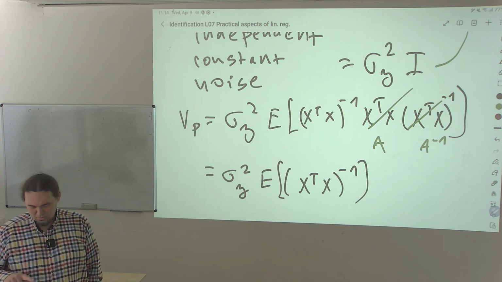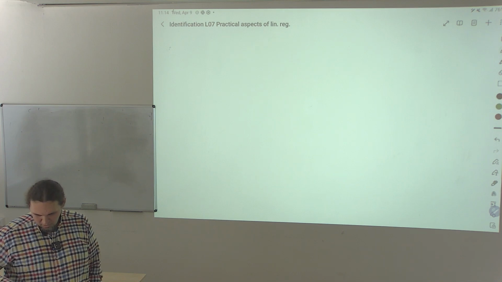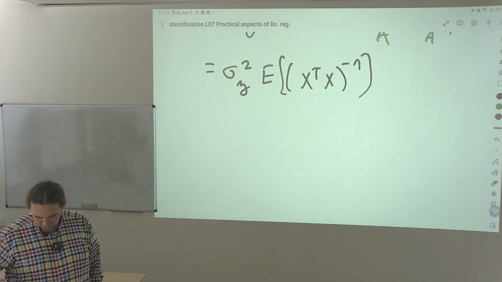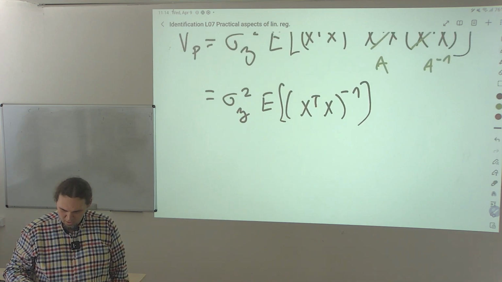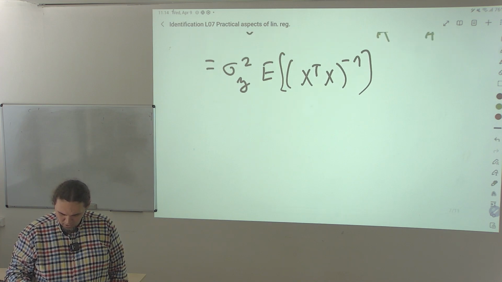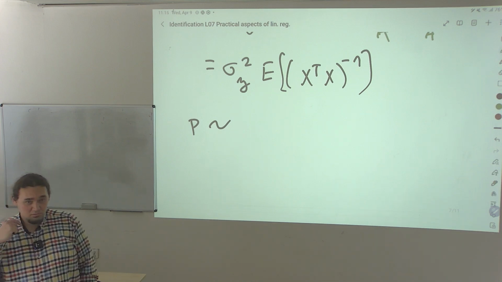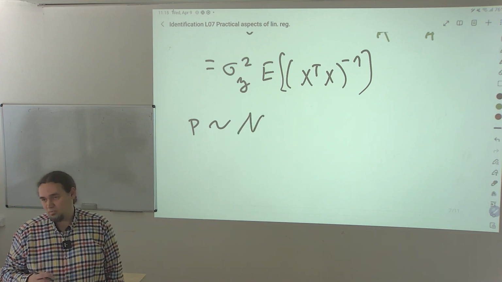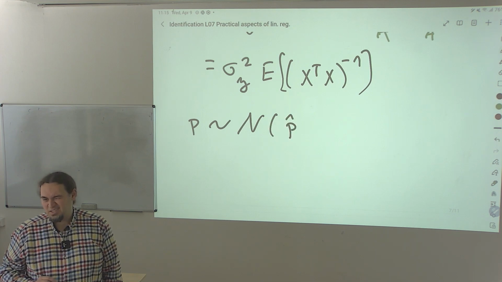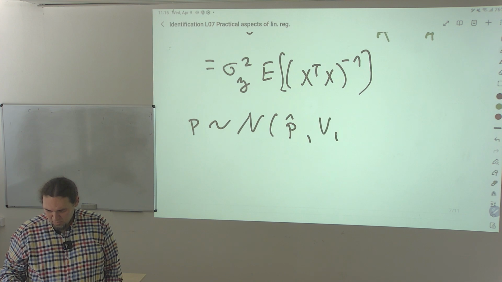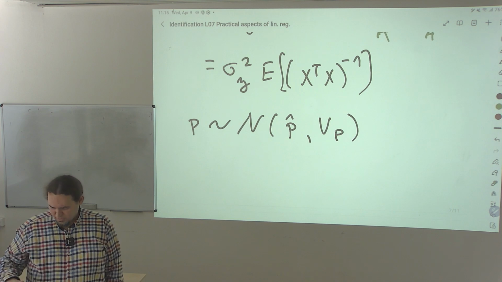Good. Let's try to visualize it. We can very easily treat the parameter p again as a random number or random vector. We might have calculated some estimated value of the parameters, and now we even have a covariance matrix.